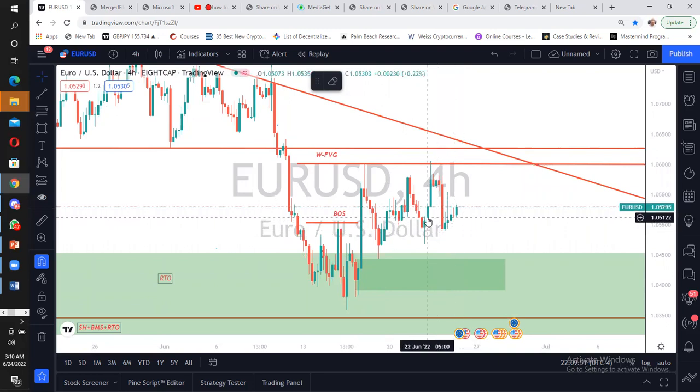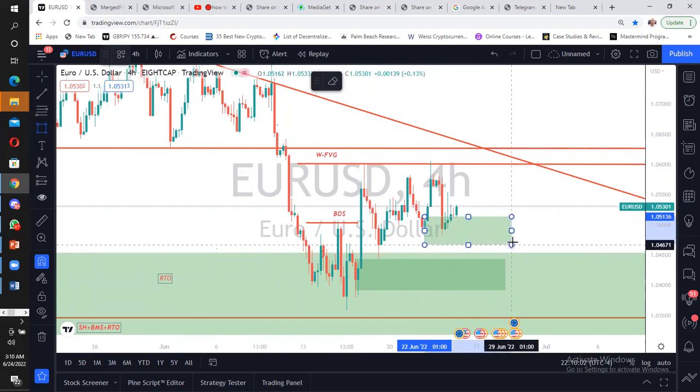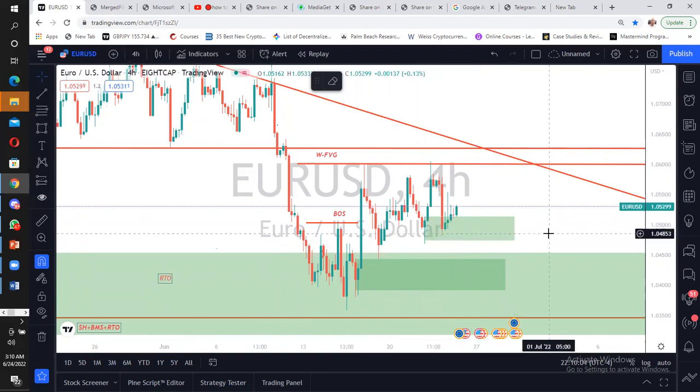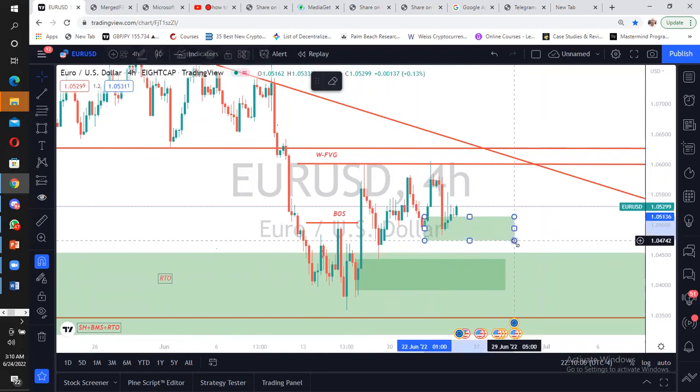Coming back to this level here, which is also another block. This H4 order block.